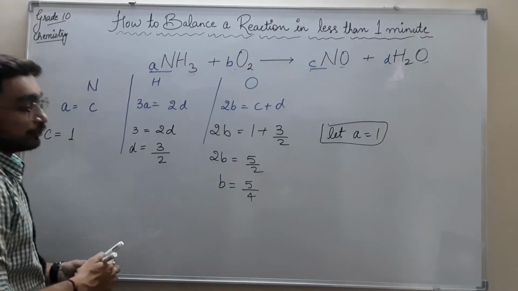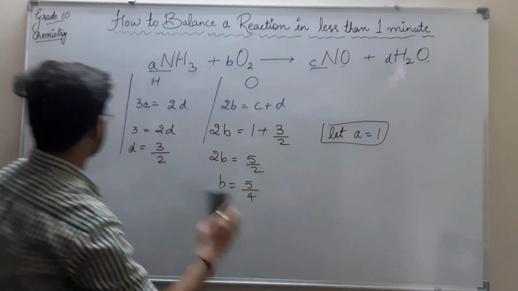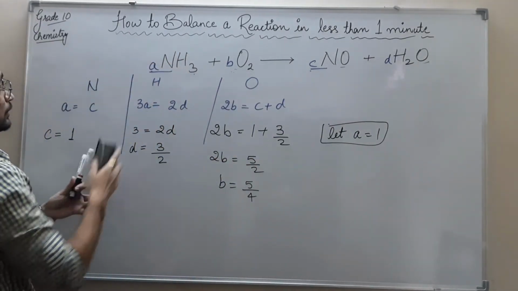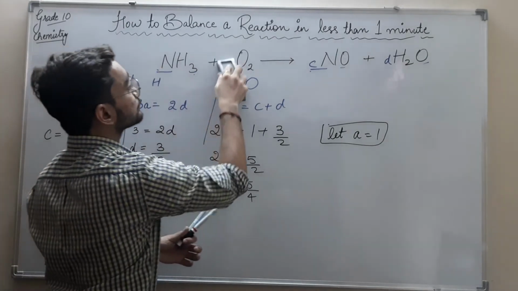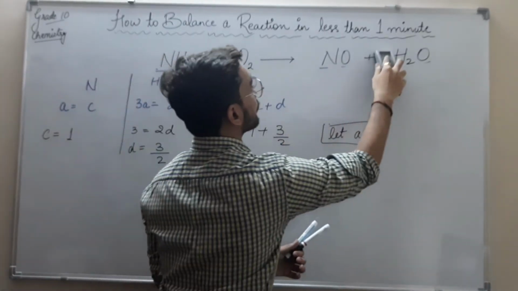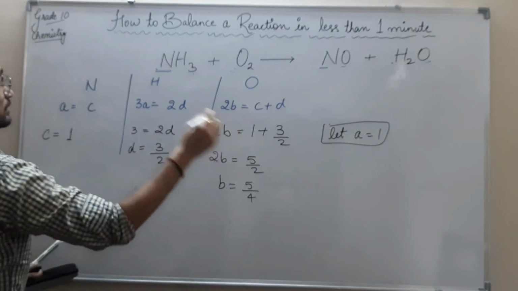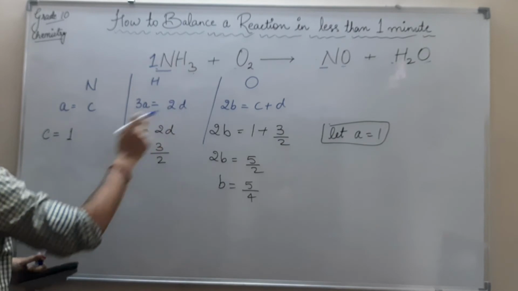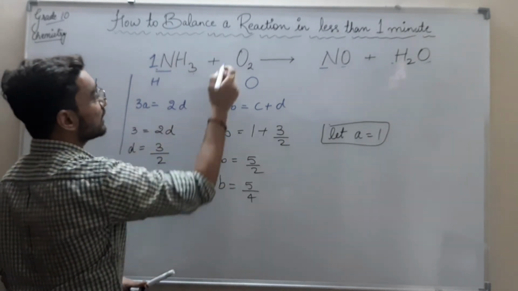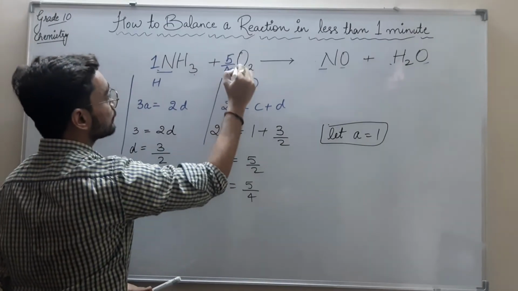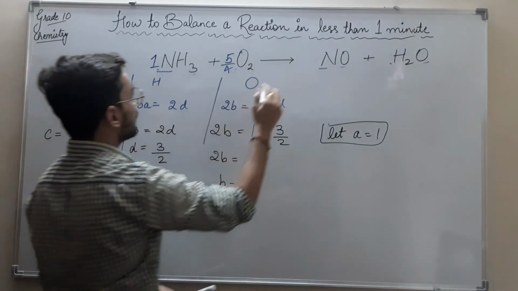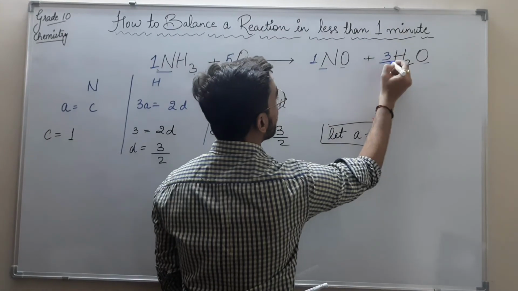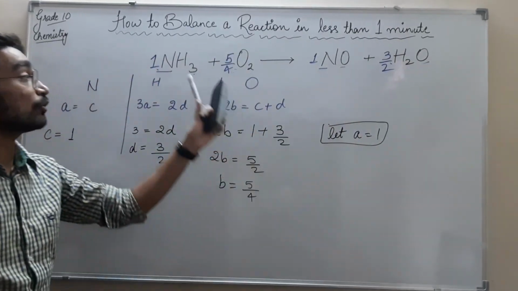Now if I want to write here in this equation, A is 1, B is how much? 5 by 4, C is how much? 1, and D how much? 3 by 2.